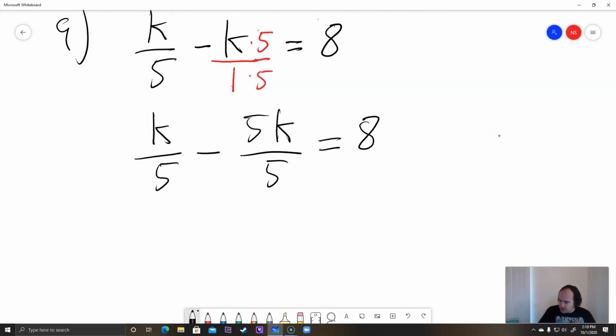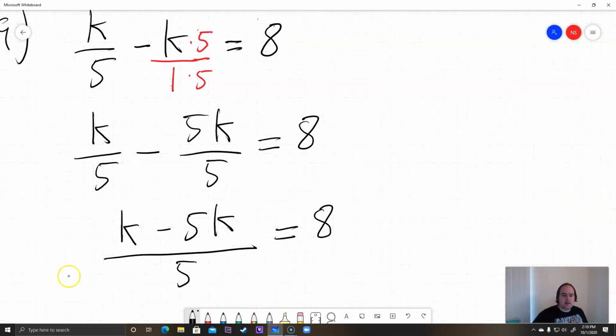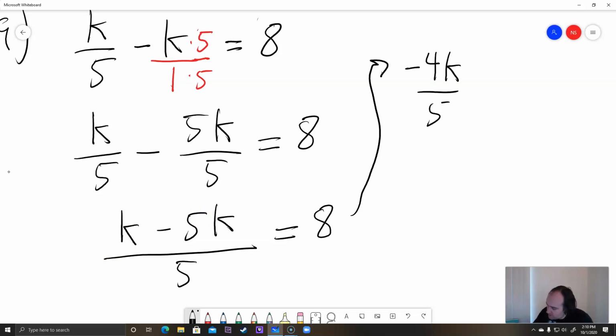So it's actually going to be k minus 5k on the top, all over 5, equals 8. And then on the top, k minus 5k is negative 4k, because 1 minus 5 is negative 4. So we actually have negative 4k over 5 equals 8.